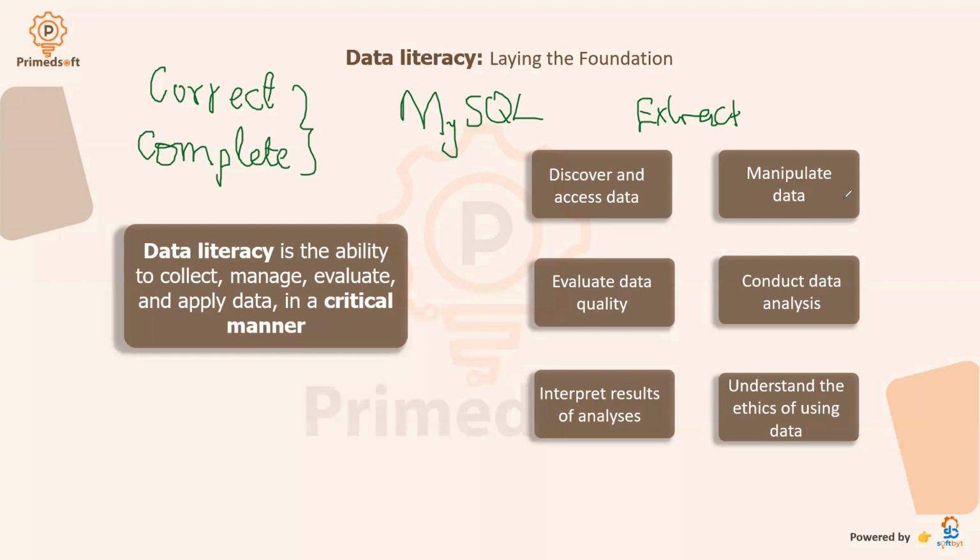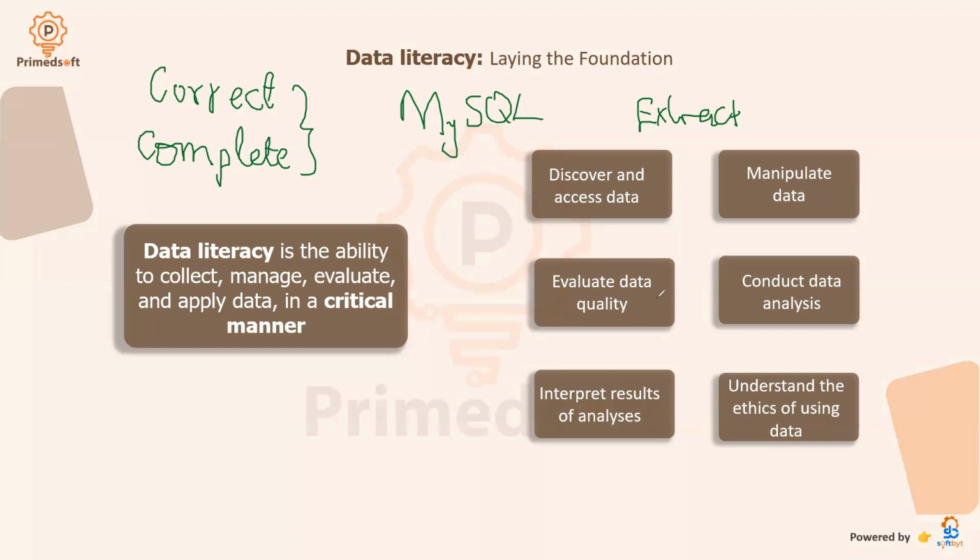The next is, as a data professional who is literate, you need to know how to evaluate the data quality, just like I explained. Critically look into it and be sure that this data is correct and complete. You can trust the source of the data set. You need to question who actually collected this data.